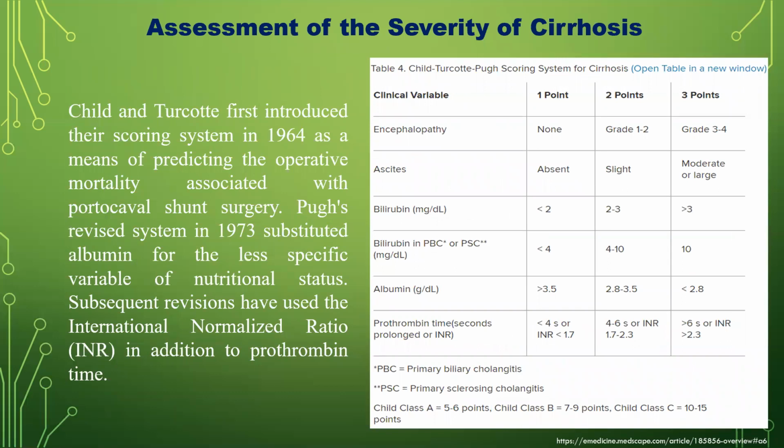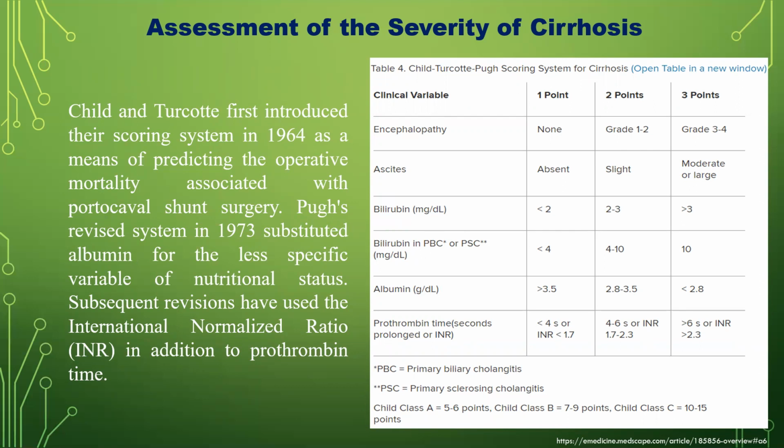Child and Turcotte first introduced their scoring system in 1964 for assessment of the severity of cirrhosis as a means of predicting the operative mortality associated with portal-caval shunt surgery. Pugh revised the system in 1973, substituting albumin for the less specific variable of nutritional status. Subsequent revisions have used the international normalized ratio in addition to prothrombin time.